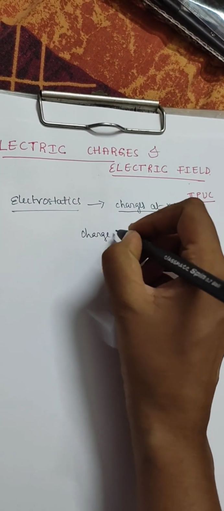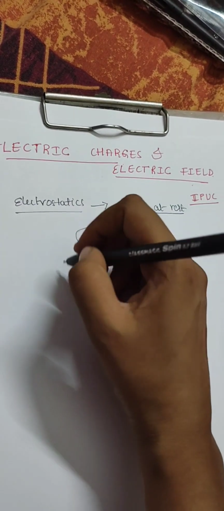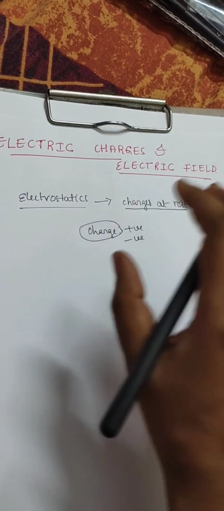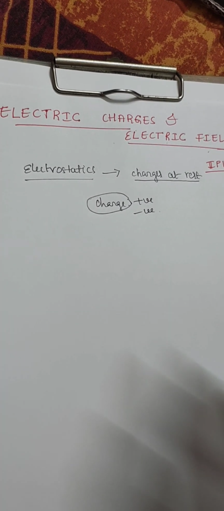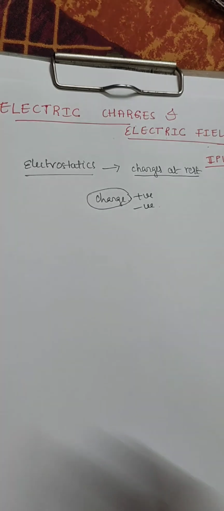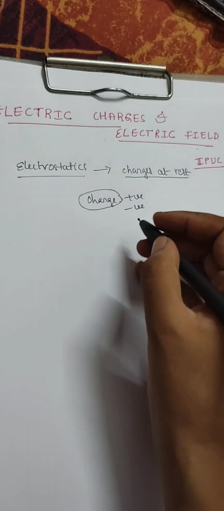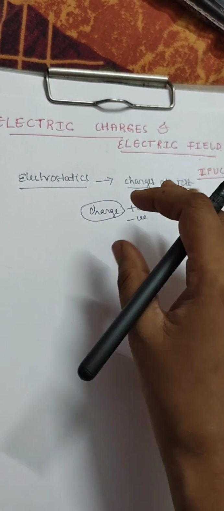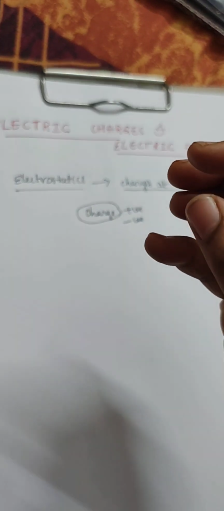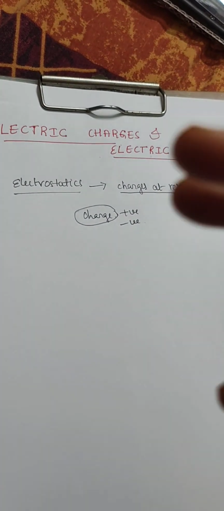When there is an electric charge, positive or negative, there is a field around it, which we call an electric field. Because of the presence of this charge, there is some force experienced, in what we call an electromagnetic field.